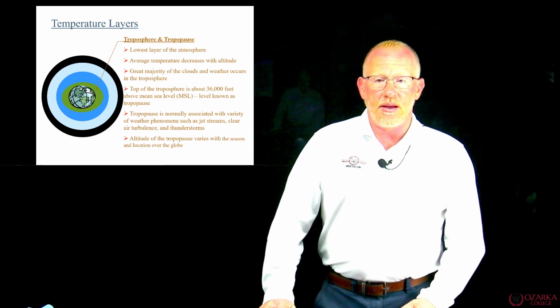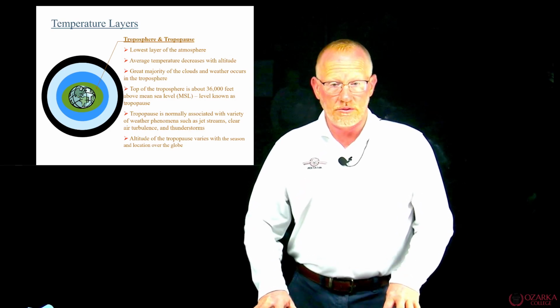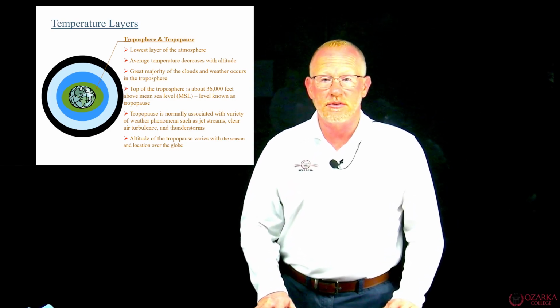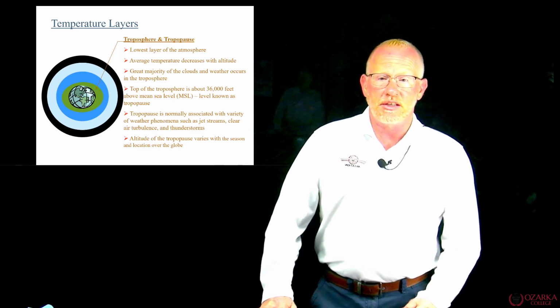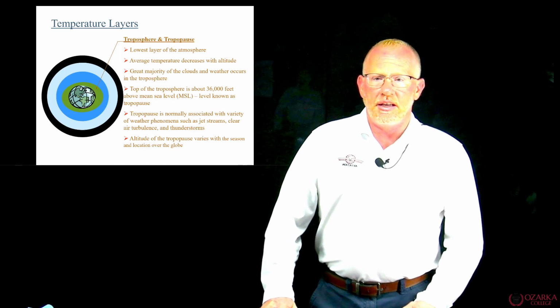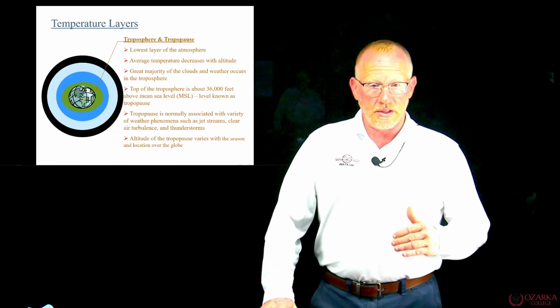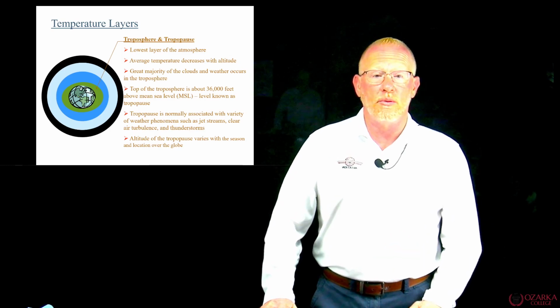This is the layer of the atmosphere where a majority of the clouds and weather on Earth takes place. Okay? The top of the troposphere is about 36,000 feet in our latitude here, and once you reach that top, around 36,000 feet, that is known as the tropopause.